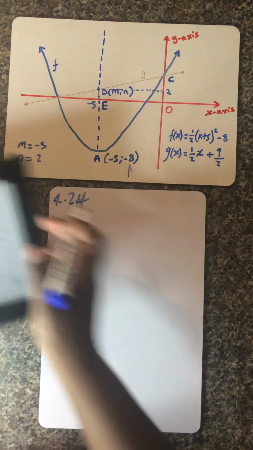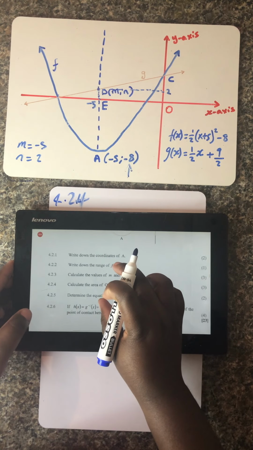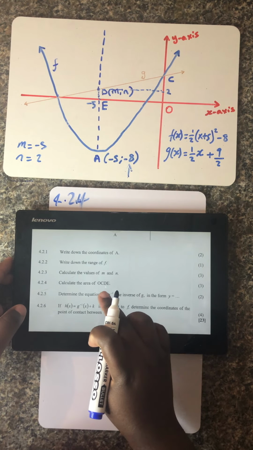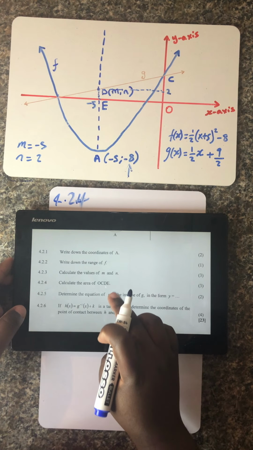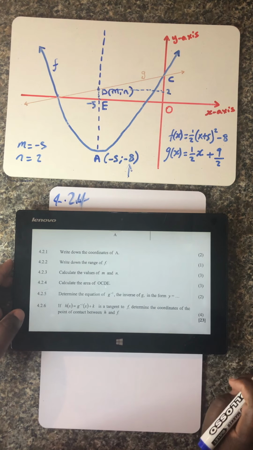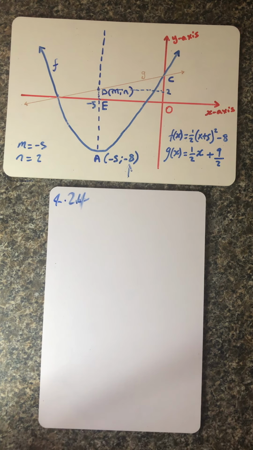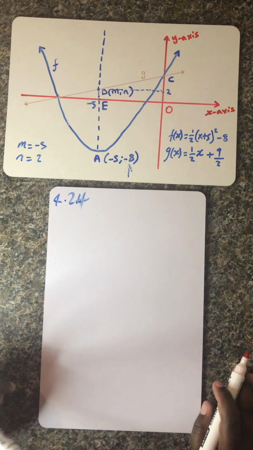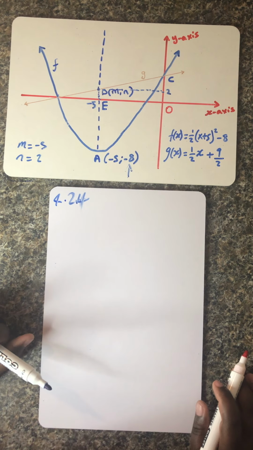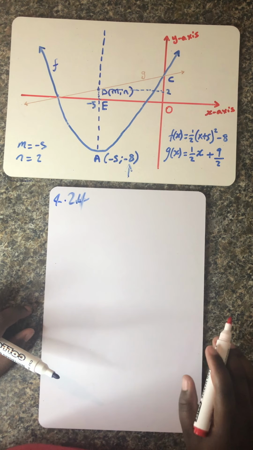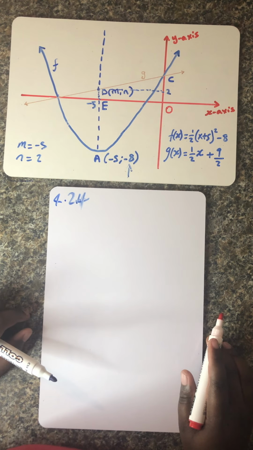And the question says, calculate the area of O, C, D, and E. And this question is allocated 3 marks. Very, very interesting question, guys. So when you're confronted with this kind of question, what you would do is to try and redraw the points where they want you to calculate the area.